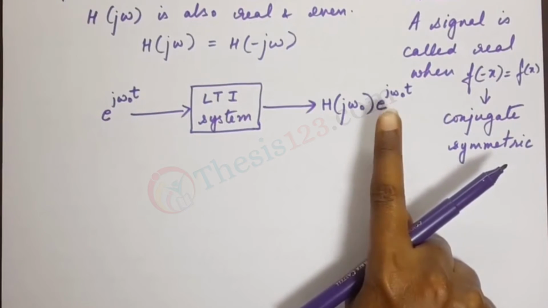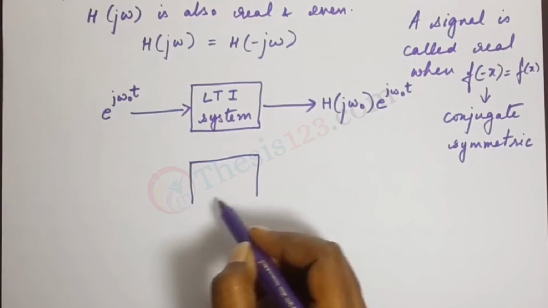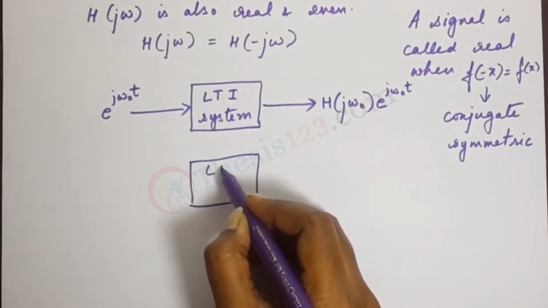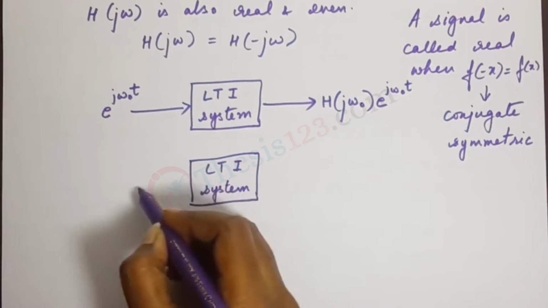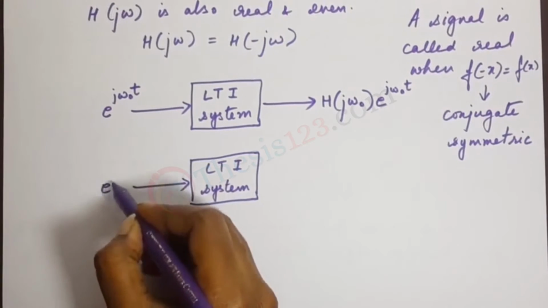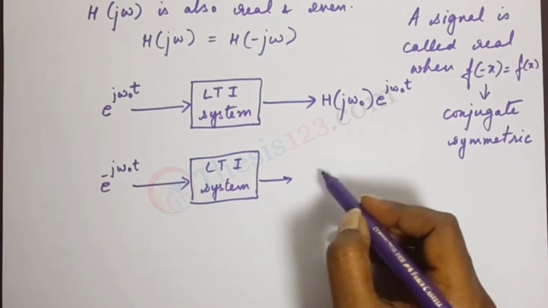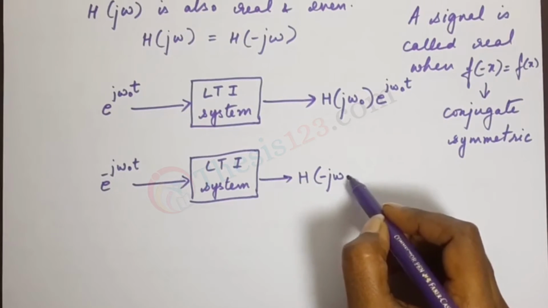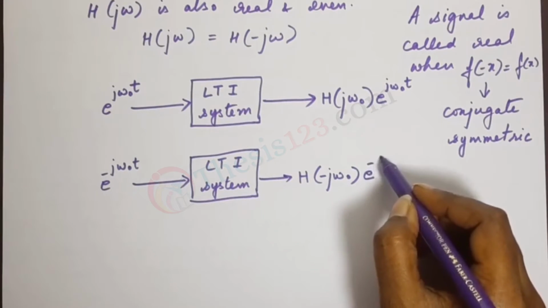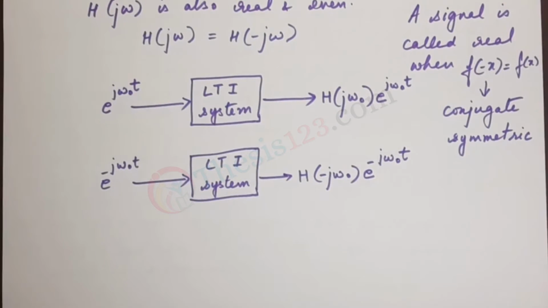Okay, so since this is real and even, that means that if we were to take the same LTI system with an input of e^(-jω0t), then the output response would be H(-jω0) times e^(-jω0t).